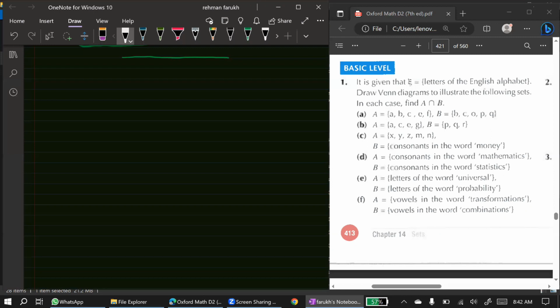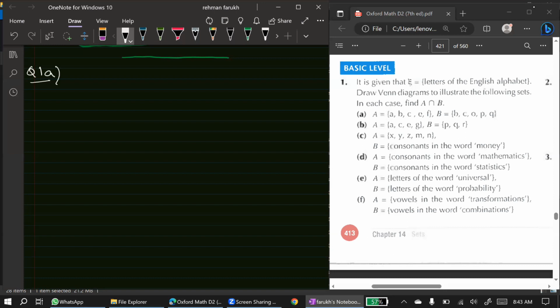Okay, sir. Ab wo kehte hain ki it is given that the universal set is the letters of the English alphabet. Draw the Venn diagram to illustrate the following sets. Find A intersection B. A aur B diye hue hain. Question number 1, A part.